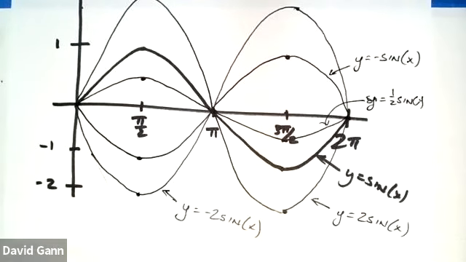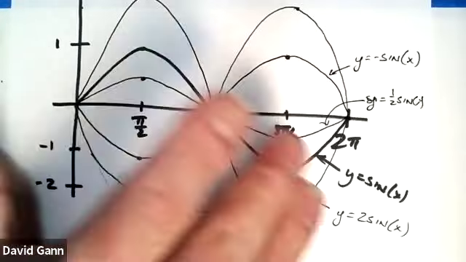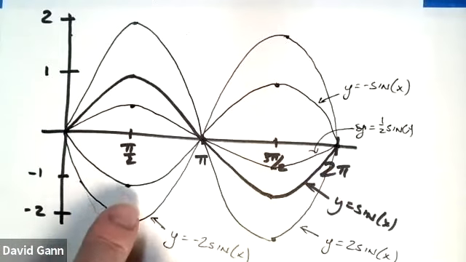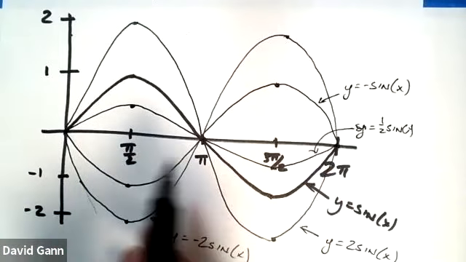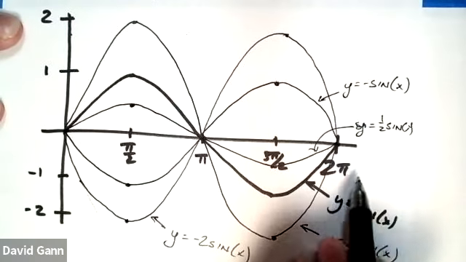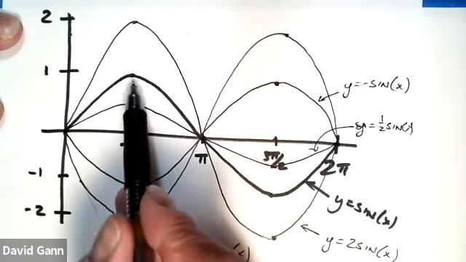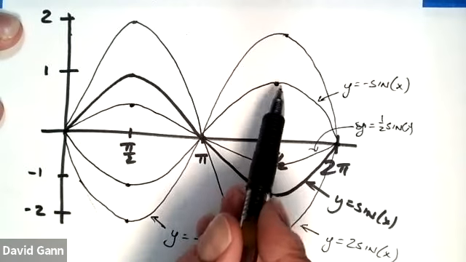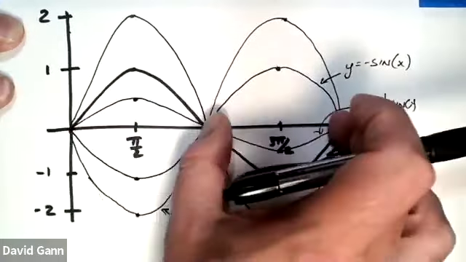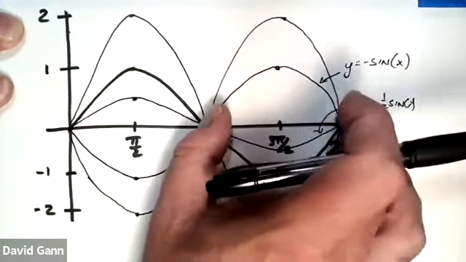In the next video, I'm going to start talking about what b does. But if you pause for a second, maybe you notice that the difference between negative sine of x and sine of x is just a shift, right? You're just taking this hump, if you will, and sliding it over there, or vice versa.